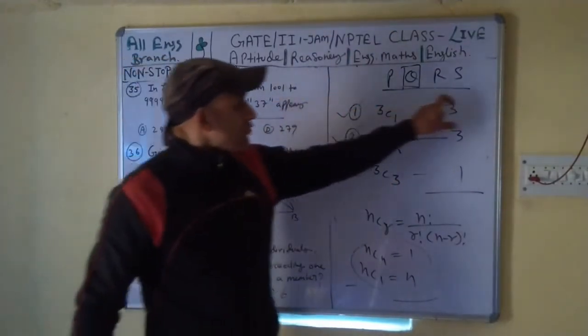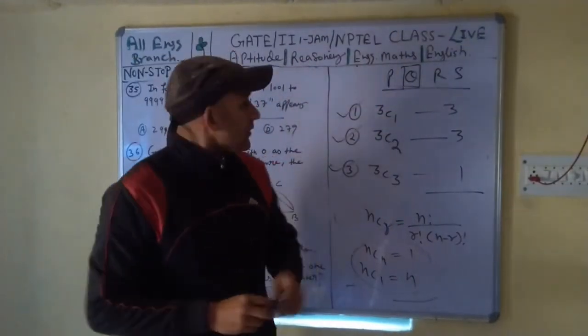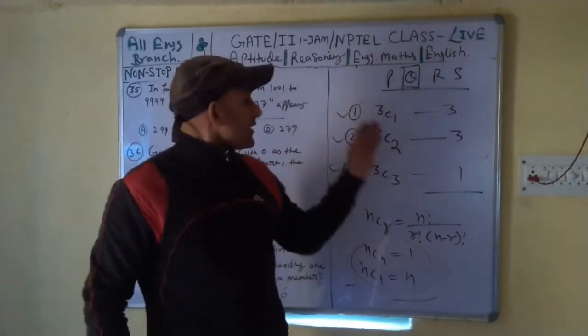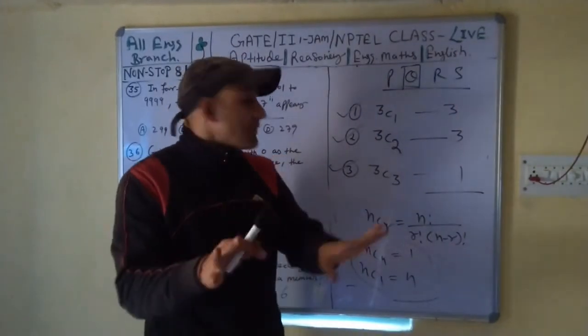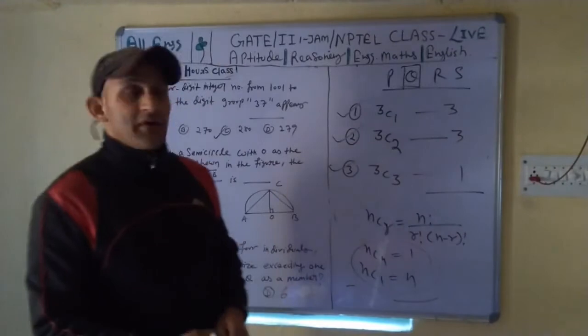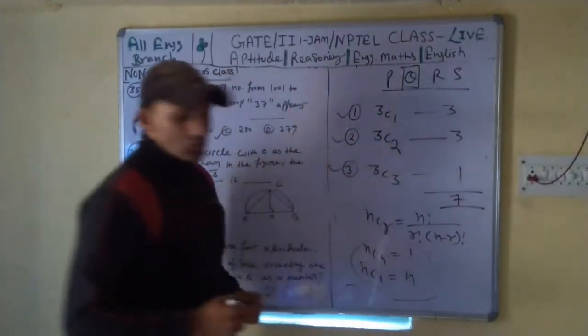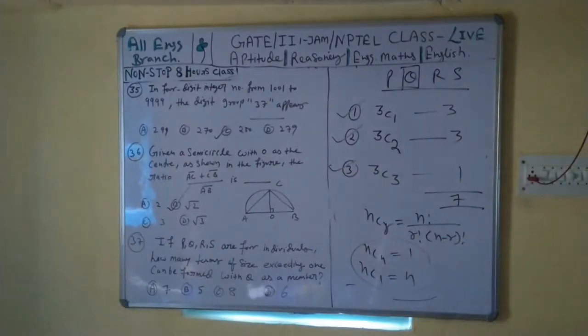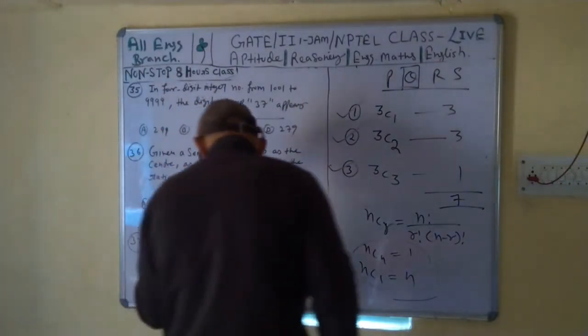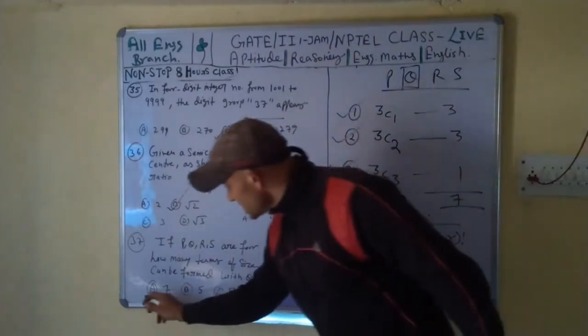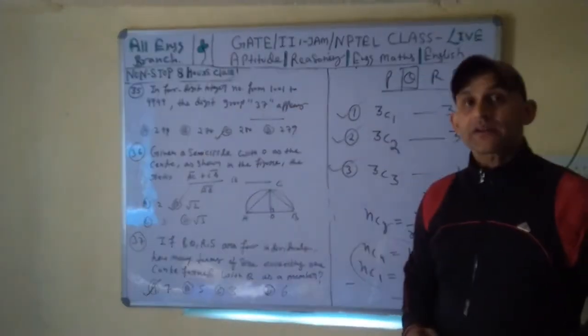If you have taken 1 person out of 3, then you will never think about 2 persons or 3 persons. So here we are adding 3 plus 3 plus 1 is equal to 7. So your answer will be 7. And you can see that there are 4 options. Your first answer is 7. So that is the correct answer.